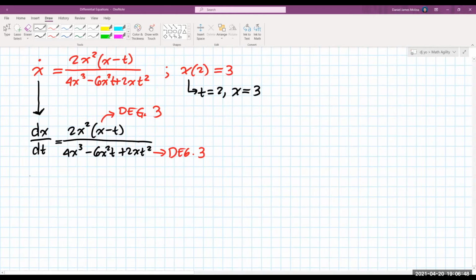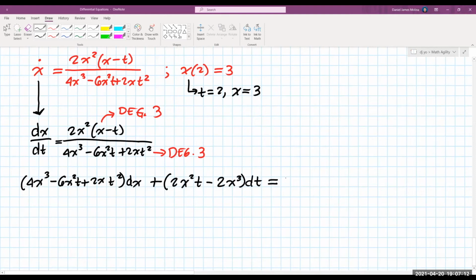Writing our equation, we have (4x cubed minus 6x squared t plus 2x t squared) dx plus (2x squared t minus 2x cubed) dt, that is equal to 0.